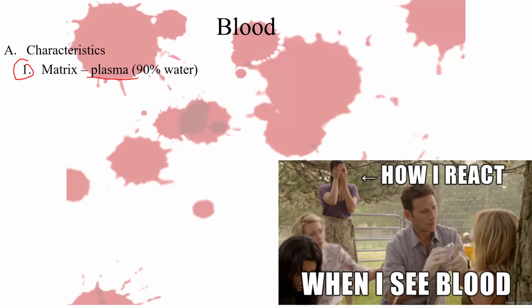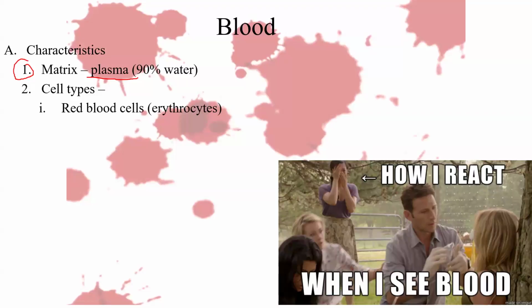And then the other major component is the cells that live in that fluid. So what is blood? Number 1, blood is liquid, blood plasma. And number 2, blood is cells. There are going to be multiple parts to each of these, but I'm just trying to help you get your head around it right now. Your 2 major components are blood plasma and cells.